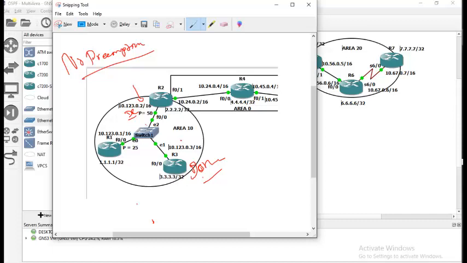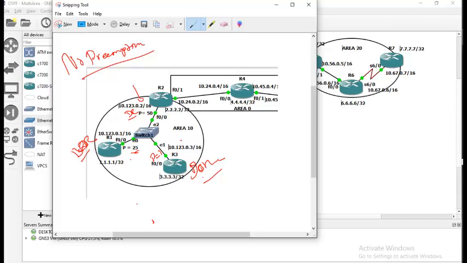So R2 promotes itself as DR, then immediately R1 says, if R2 is becoming DR, I am eligible to become a BDR. Why? Because the other guy's priority, router 3's priority, is only one.